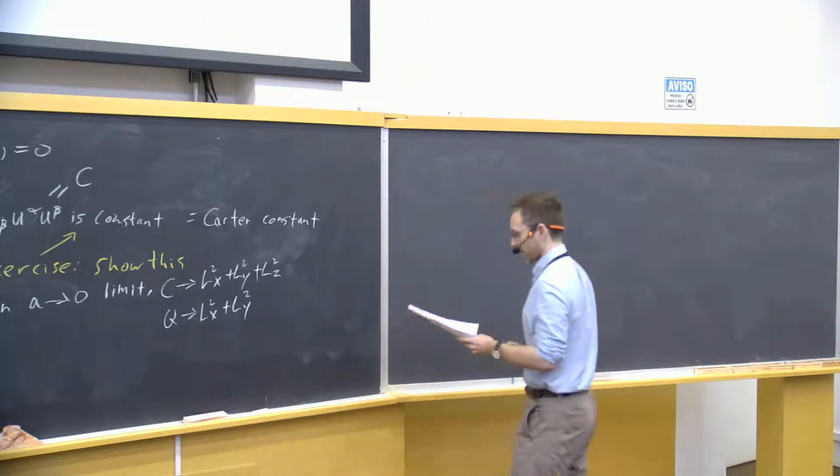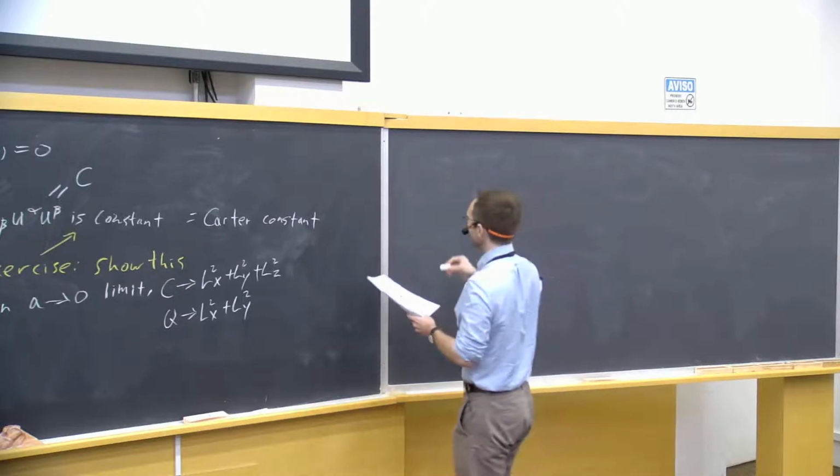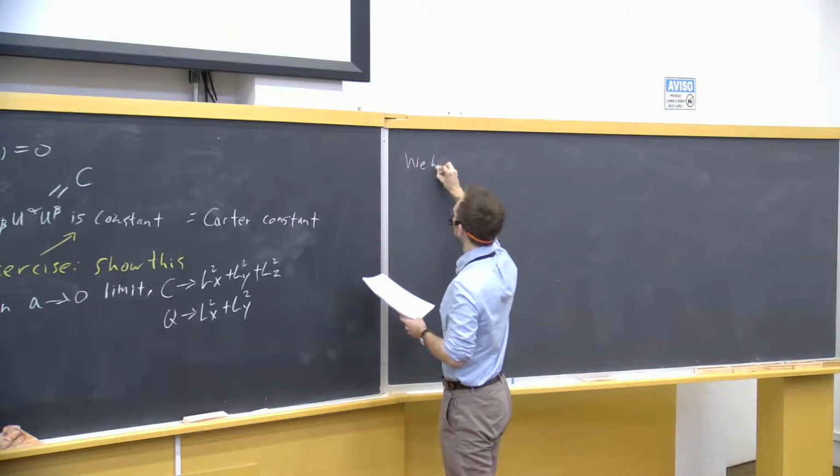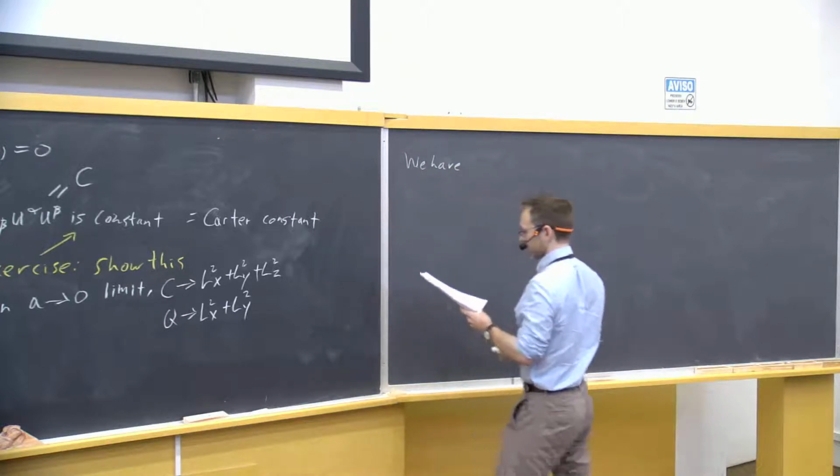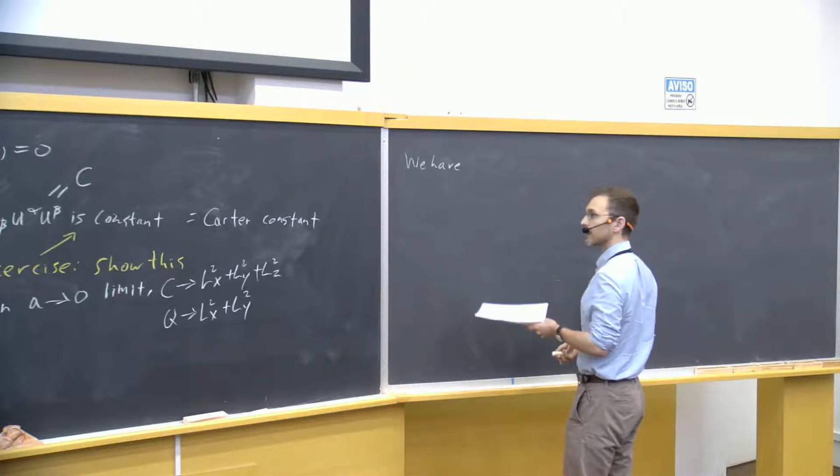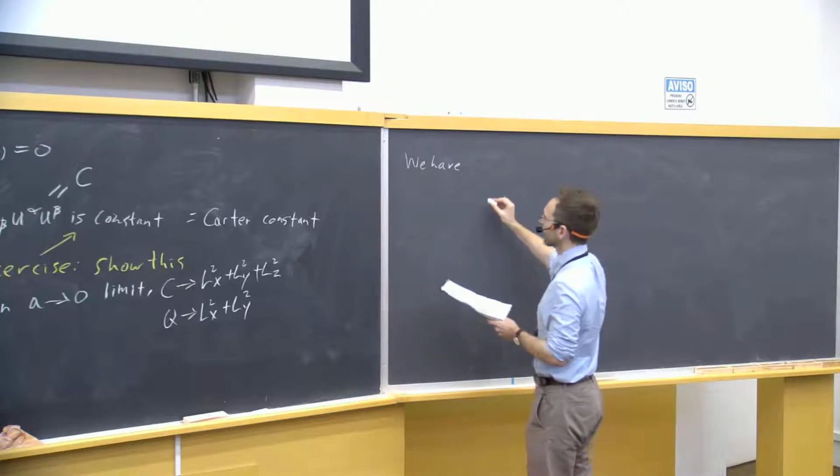We use these three constants of motion to get equations for t, r, theta, phi along the orbit.